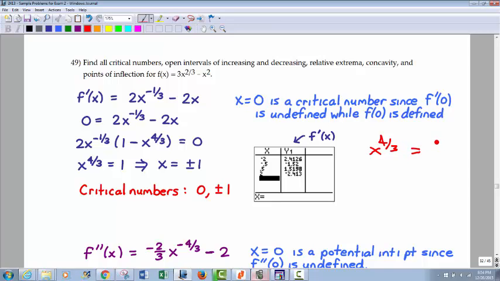Now, it would seem logical to raise that to the 3/4 power to kill the 4/3. That does seem logical, but it's not really correct because you would lose a solution here. So what you would want to do is the following. You would want to cube it, get rid of the bottom exponent first.